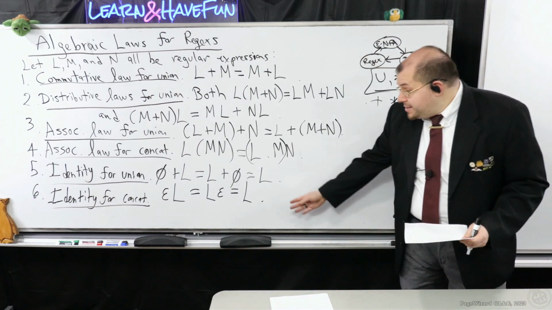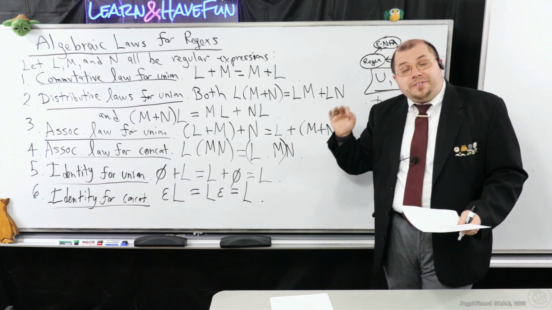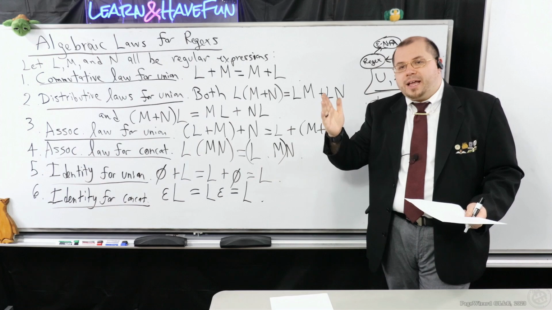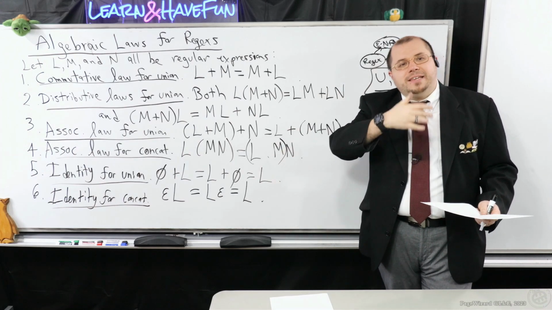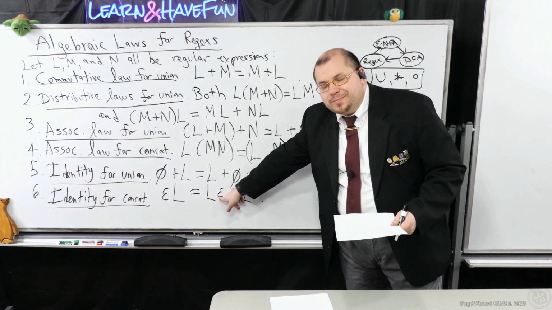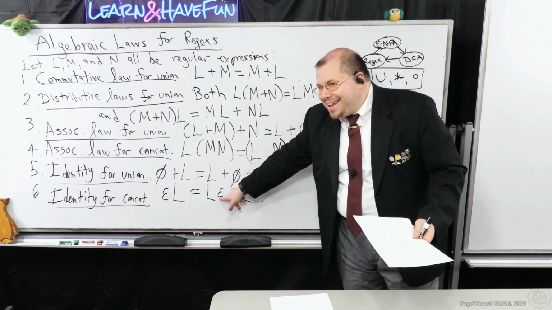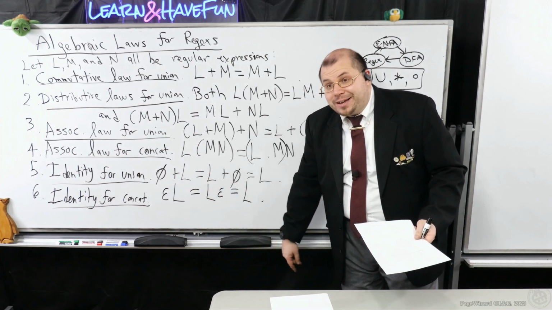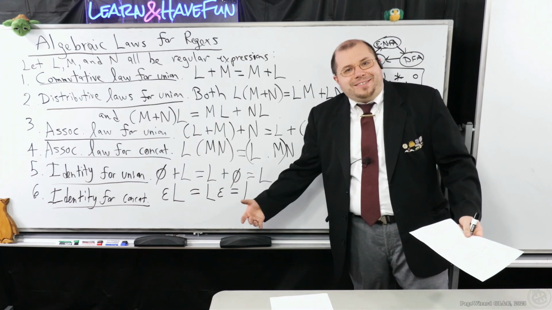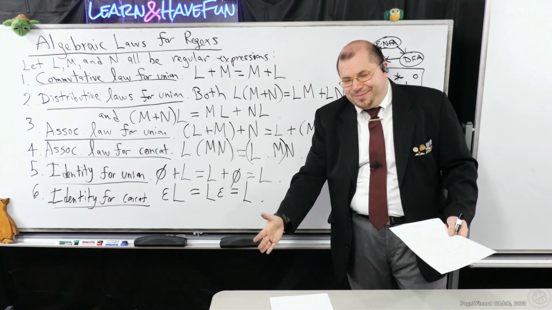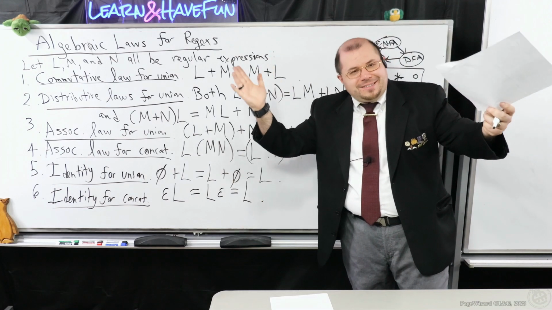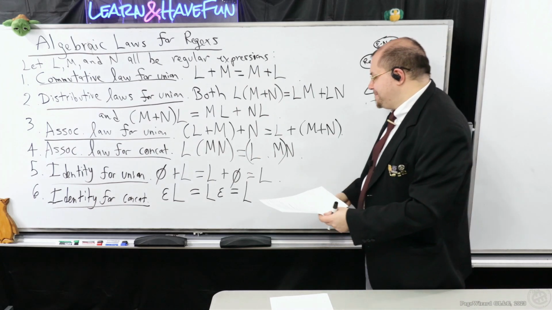You might ask, Dan, why is that the case? Well, remember, the definition of concatenation over languages is where I take each string and concatenate it against the strings in the other language. This one only has one string in it, the empty string. The concatenation of the empty string with any other string is just the string itself. So I go through every one of the strings in one language versus the empty string, concatenate one after the other, and it's just going to end up being the same language.